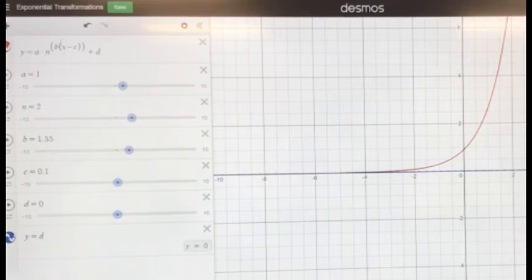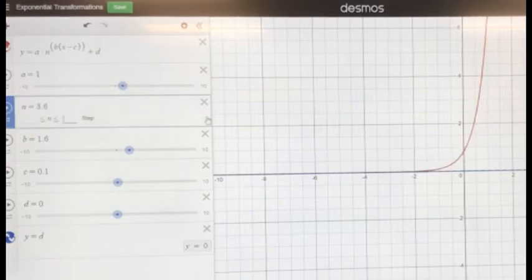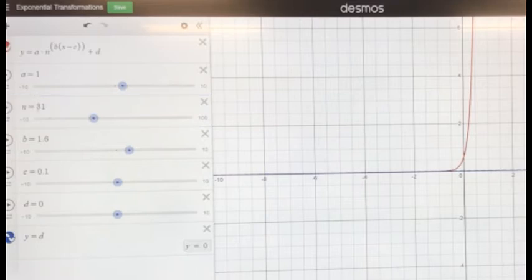Now, like I said, our exponent is the x. So we have some base number we raise to the exponent, we'll call it n here. As I increase that value, it just sharpens my curve a little bit. But notice as these values get larger, let's go to 100, it really doesn't make that much change. That's because you're just basically raising a high power to an already higher power. It's already going to be a large number, so you're not going to see that much of a change once you get to these large numbers.